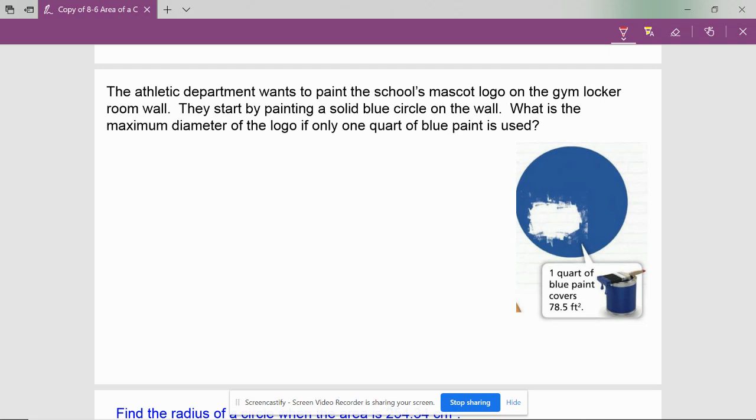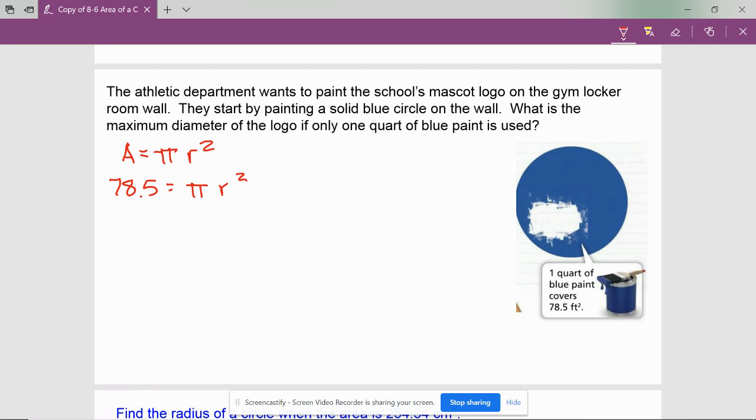So if we look at area is equal to pi times radius squared, our area is going to be 78.5. It's going to be equal to pi. And we want to know what the maximum diameter is. So we're going to kind of get to that.